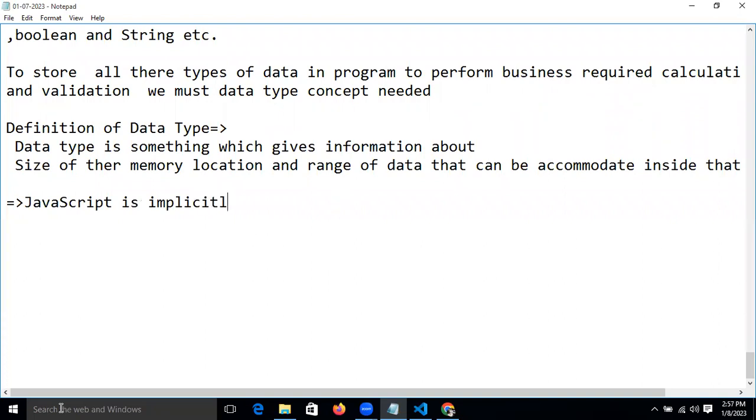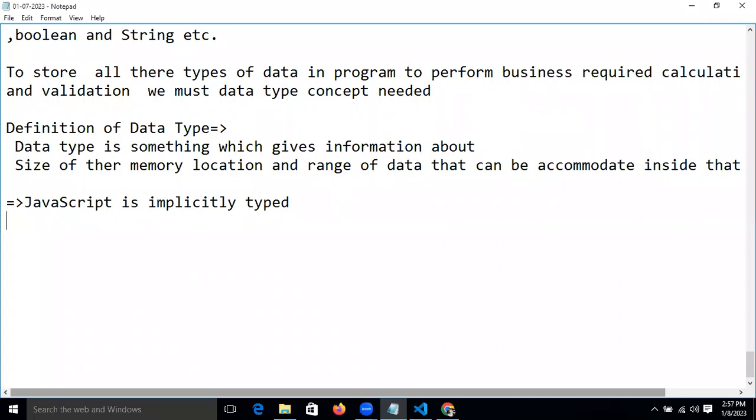If we declare a string, it will be taken as a string. If we take x equal to 10, it will be taken as a number. This is implicit typing.